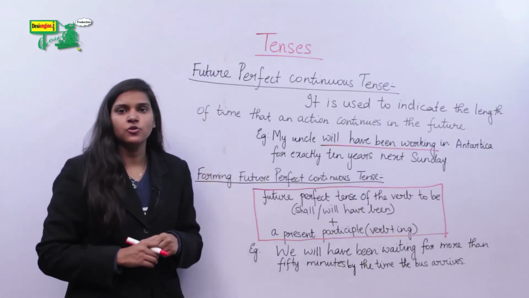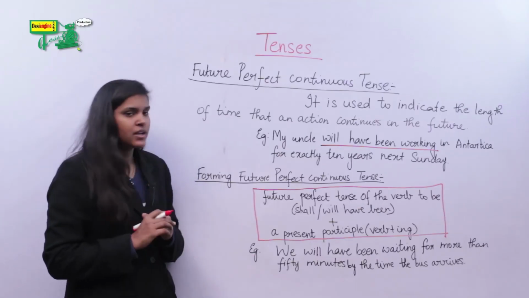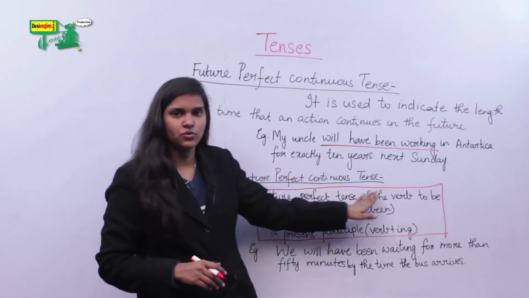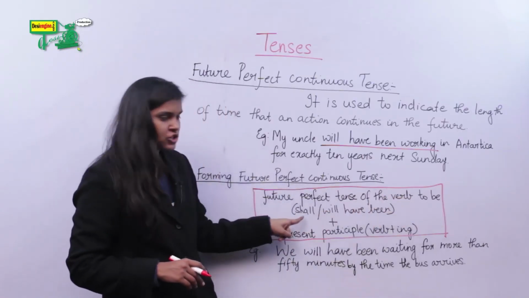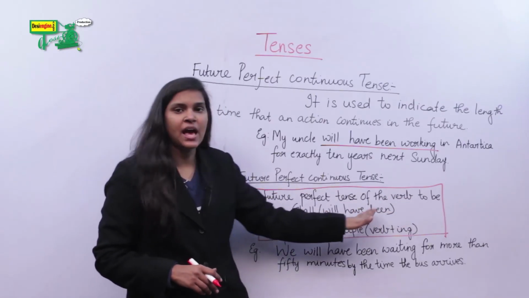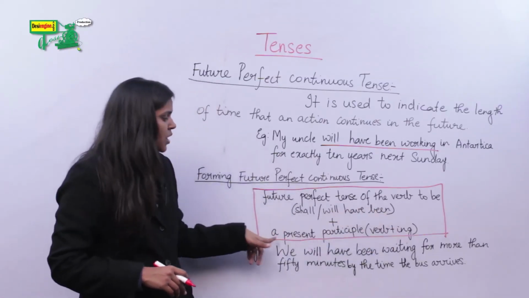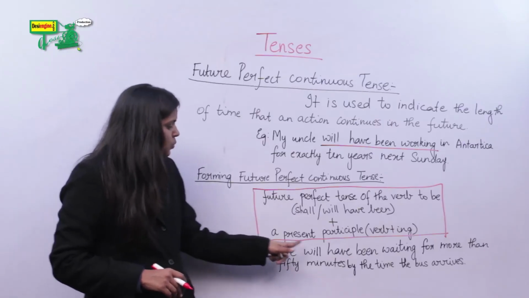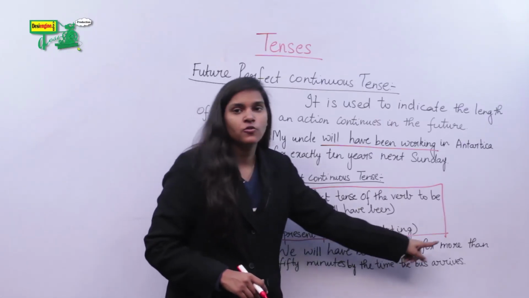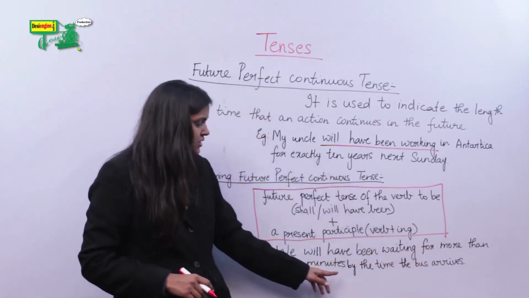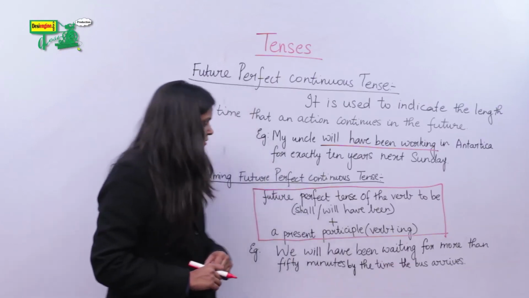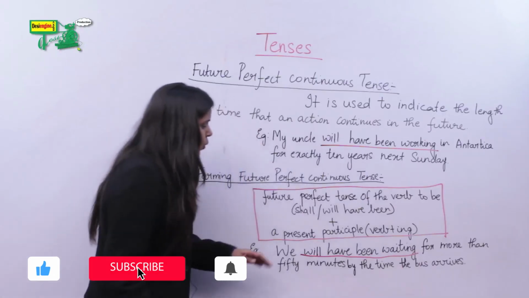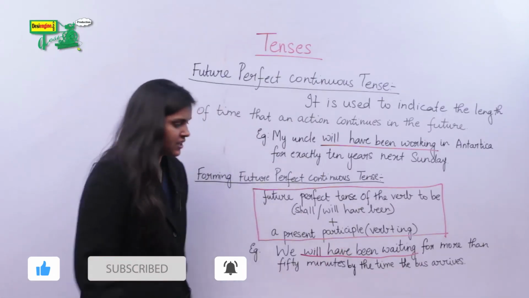How do you form the future perfect continuous tense? It is formed by adding the future perfect tense of the verb to be, which is shall or will have been, plus a present participle. Let's take an example. We will have been waiting for more than 50 minutes by the time the bus arrives. Here, will have been waiting.